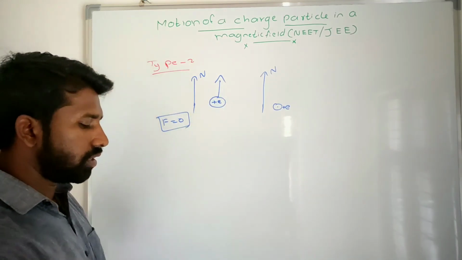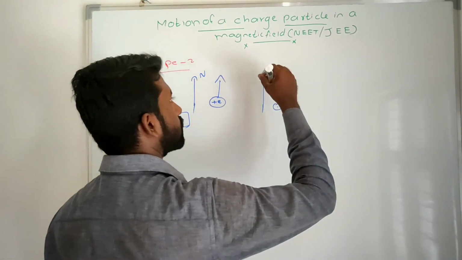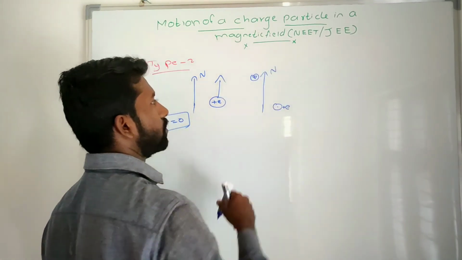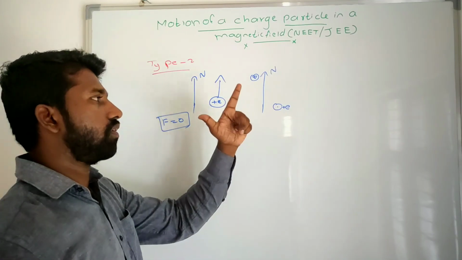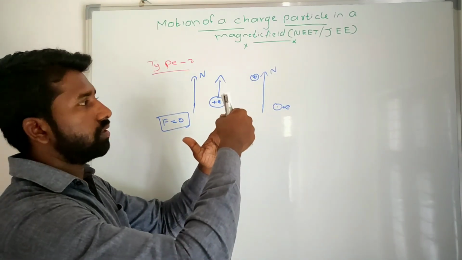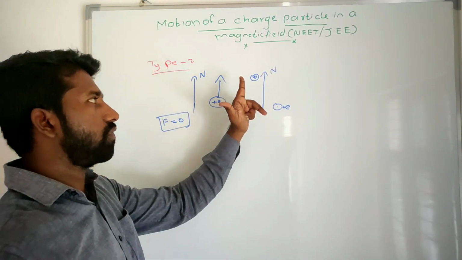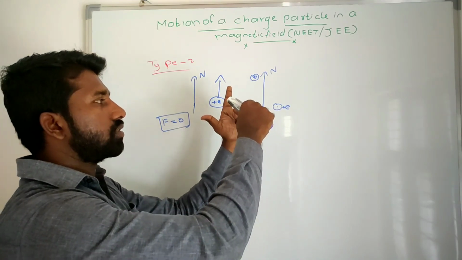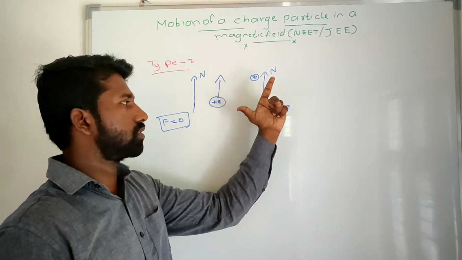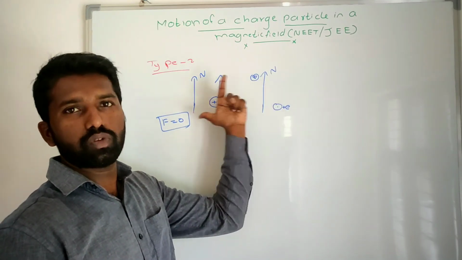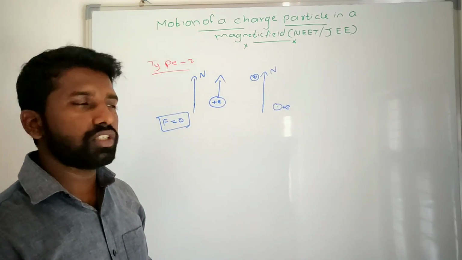So here the magnetic field is acting in which direction? This is the magnetic field direction, and this is the velocity direction. Velocity is upward. So I will place my forefinger in the direction of the magnetic field, and the velocity is in this direction. So I will get the direction of this proton. The proton is moved towards the west direction.